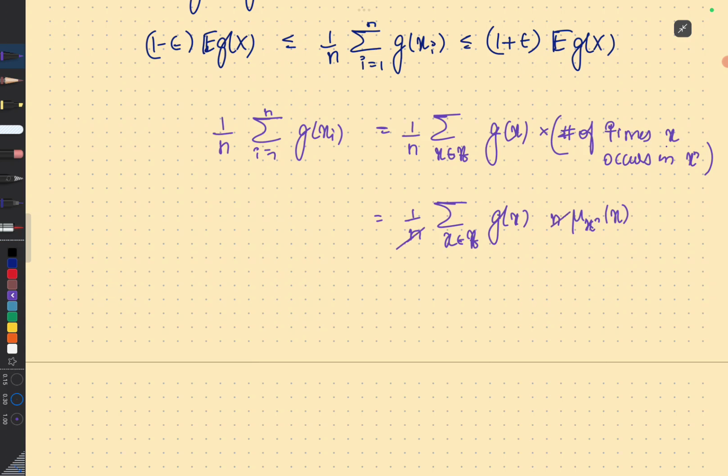But you know that mu is within 1 plus or minus epsilon of px. So this quantity is less than or equal to the summation over all x of g of x times 1 plus epsilon times px of x. It is also greater than or equal to 1 minus epsilon times px of x times g of x.